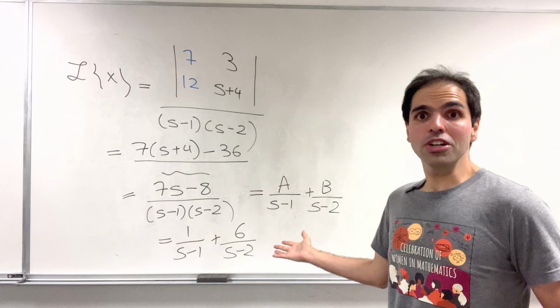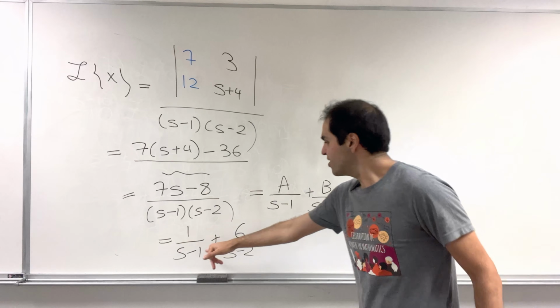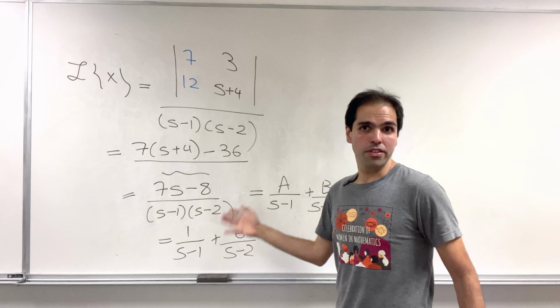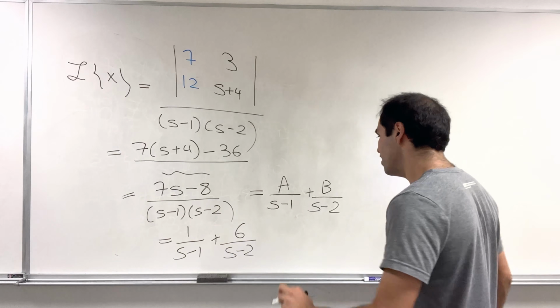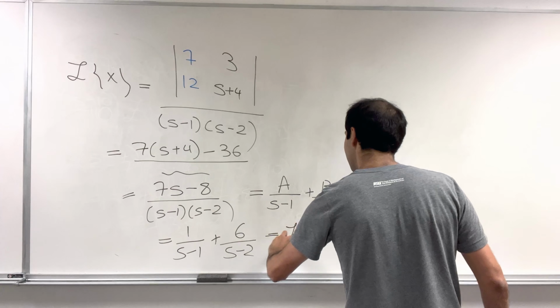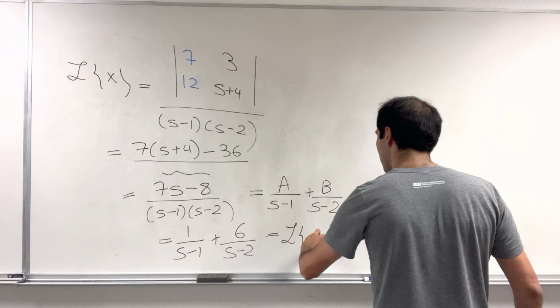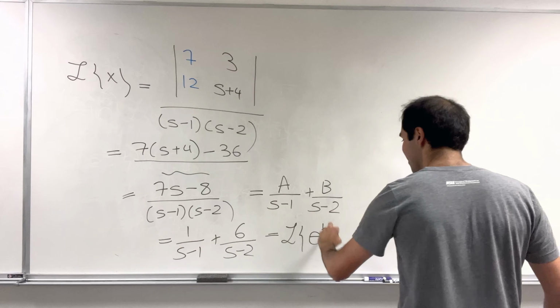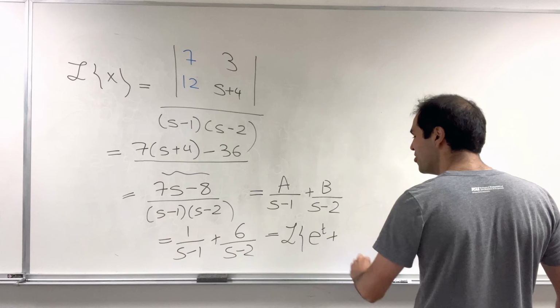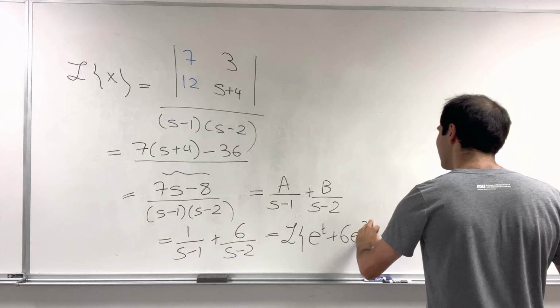And here comes the great reveal. Those two things are precisely Laplace transforms of functions. Namely, it's the Laplace transform of e to the t, plus 6 e to the 2t.